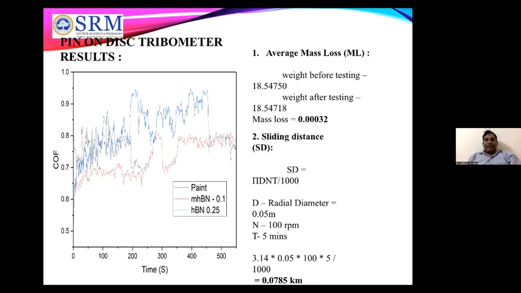So it shows that a lower concentration of mild HBN gives a better tribological result and better corrosion result for paint systems in automobile applications.